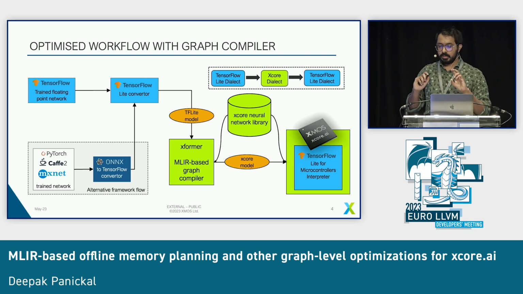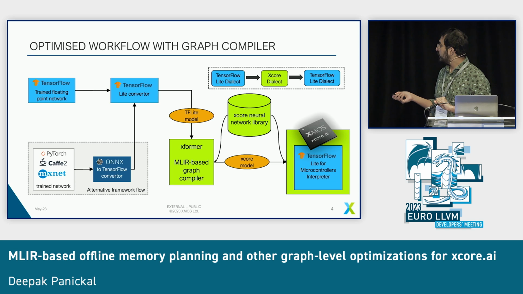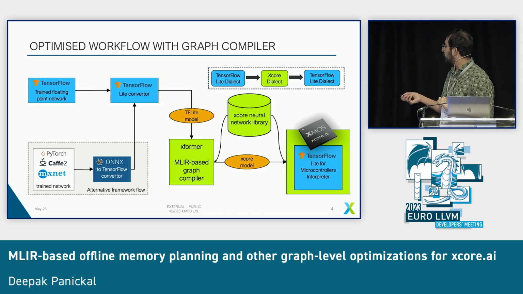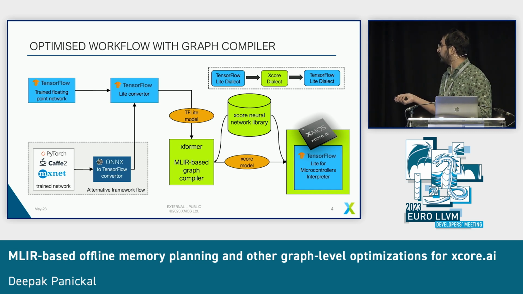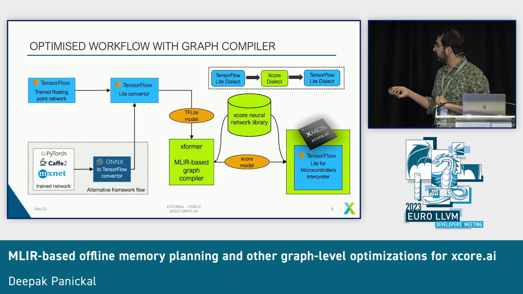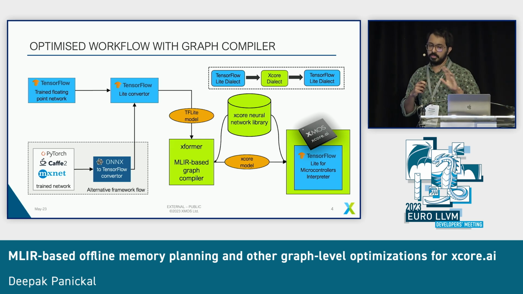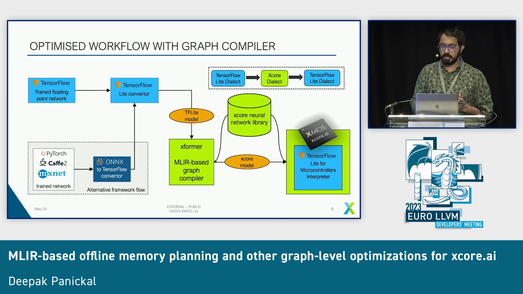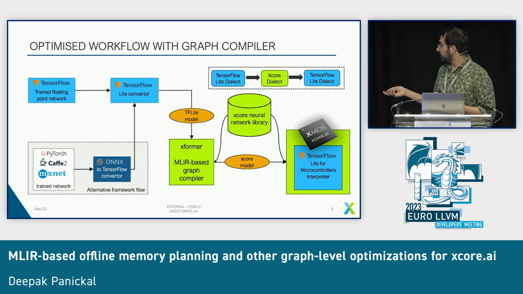And if you talk about it in dialects, we go from TensorFlow Lite dialect to xcore dialect and back to TensorFlow Lite dialect, so that these optimized operations can be run on the interpreter that TensorFlow provides. Now, one thing to mention here is that we have a neural network library here, which contains these optimized operations. And we are still using the interpreter here, right?